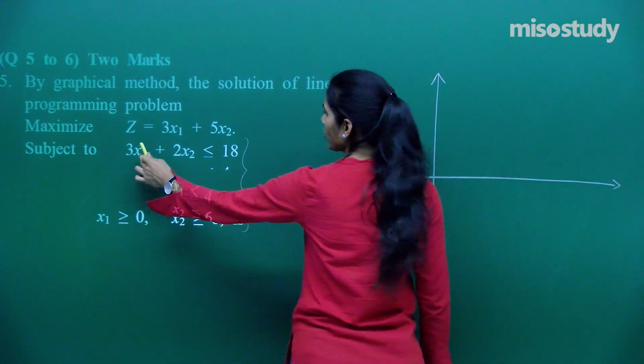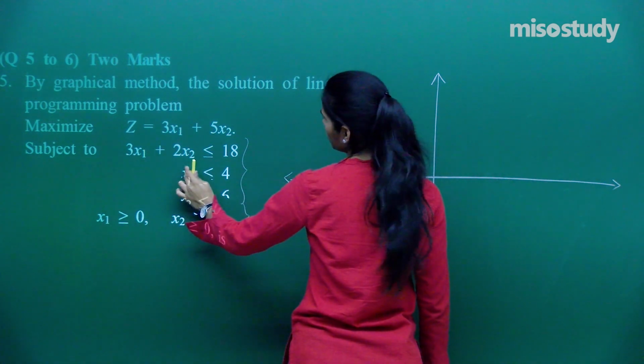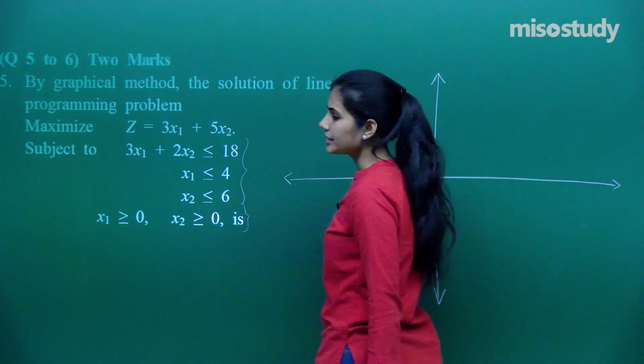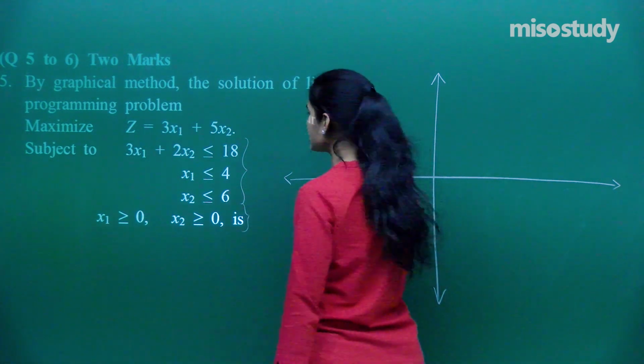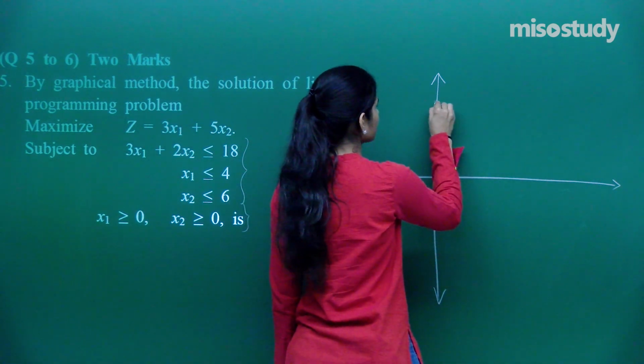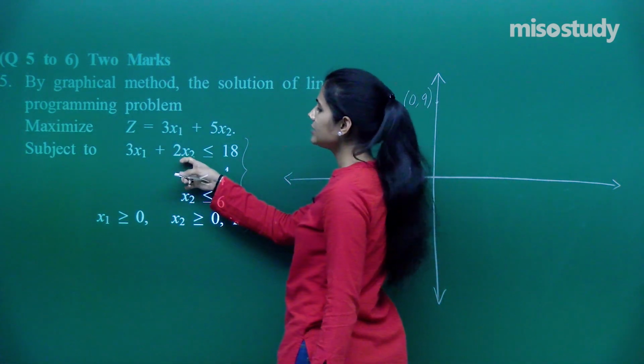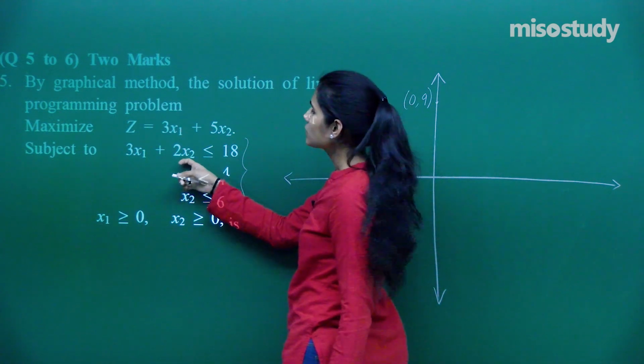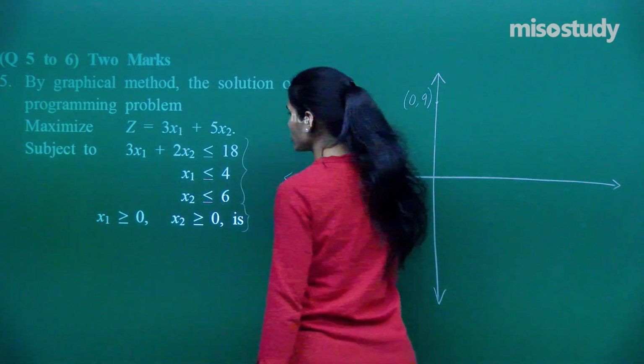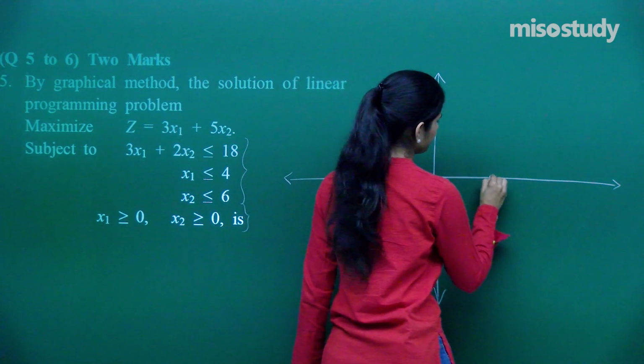First constraint: when x1 is 0, x2 is 18/2, that is 9. When x2 is 0, x1 is 18/3, that is 6. So this is (6, 0).